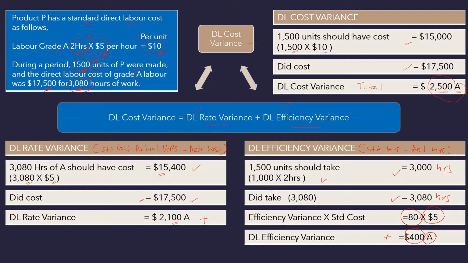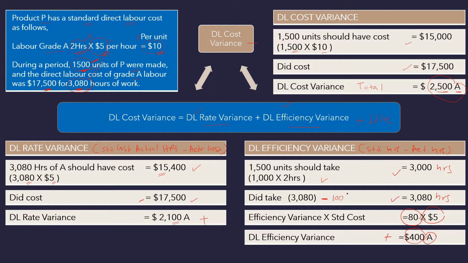As I told you earlier, if you are given the idle time hours, the idle time hours should be deducted from the hours taken. Okay, then we need to calculate the efficiency variance, and idle time variance has to be added separately. For example, let's say the idle time is 100 hours.